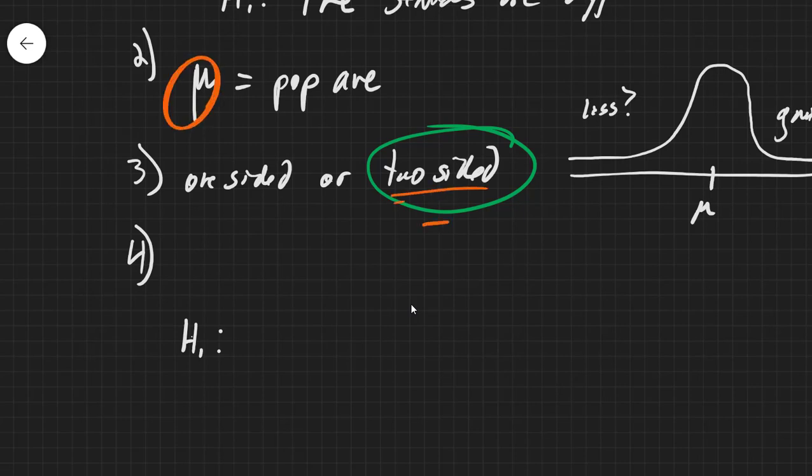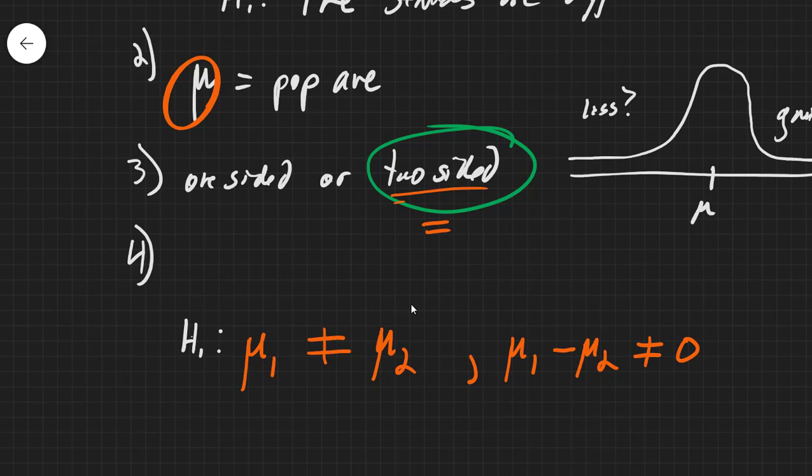So if it's a two-sided test, I'm pretty sure I'm going to use an equal sign. So I'm really asking if they're different. Is mu sub 1 equal to, but never the equal to in the alternative hypothesis, mu sub 2. Another way you can write this is to say mu sub 1 minus mu sub 2 is not equal to 0. If these two are the same, they subtract each other out, we get 0.